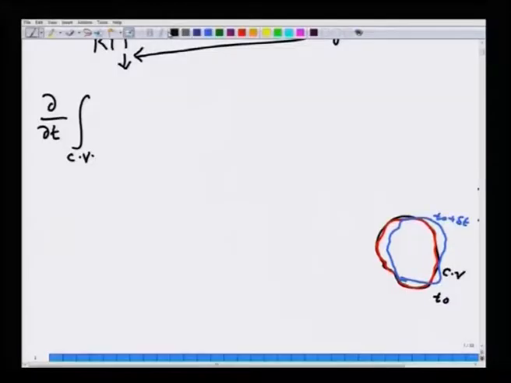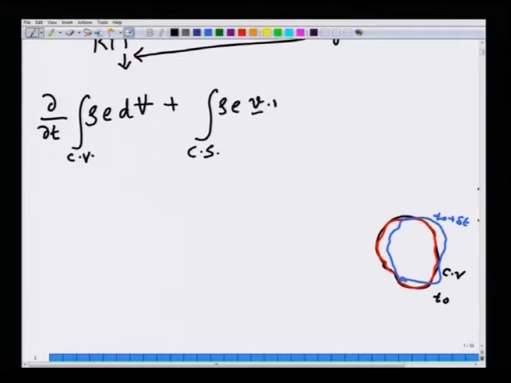The rate of change that we are talking about is that at that particular instant t naught, what is the rate of change of energy of the system, and that is given by the Reynolds transport theorem in terms of the variables pertaining to the control volume as follows: integral of rho e dV plus integral over the control surface of rho e v dot n dA, is equal to Q dot minus W dot.